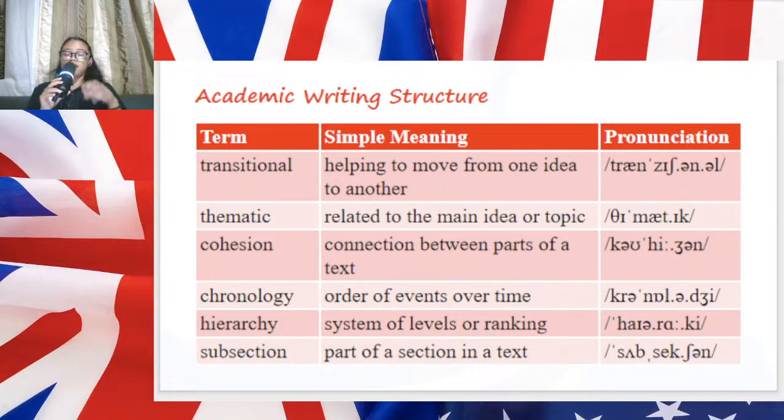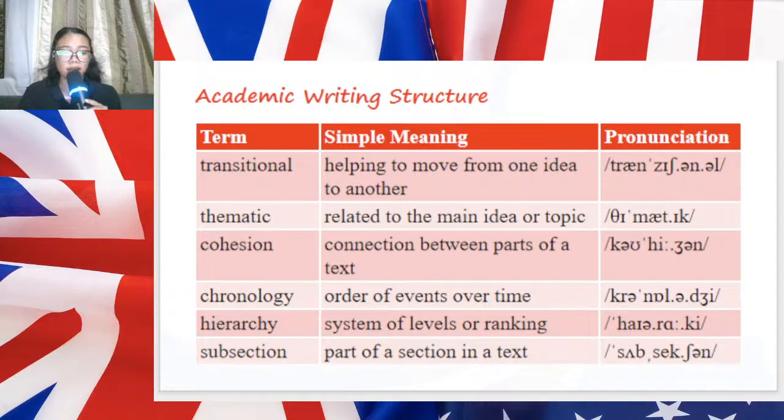Then tion, shun. Again, shun. And lastly, we have al, with the schwa sound. So all in all, this is transitional. Again, transitional. It acts like a bridge in your writing. That's transitional.